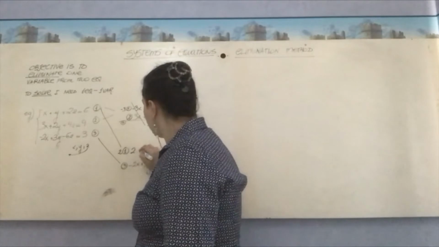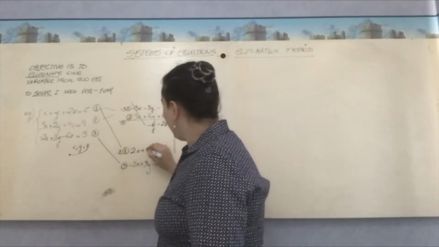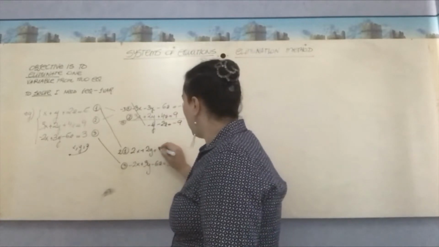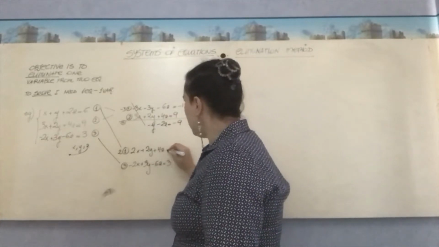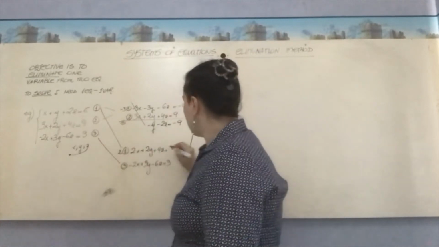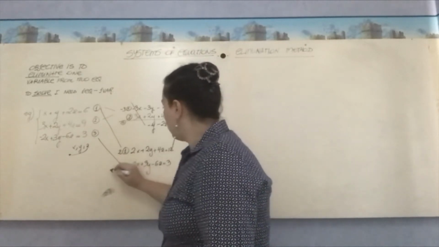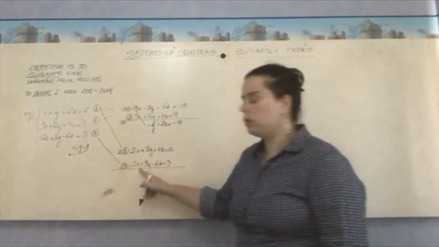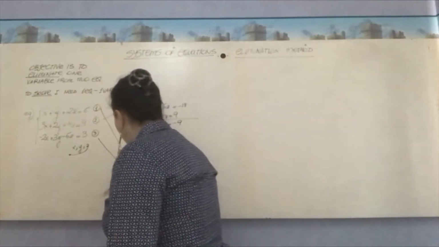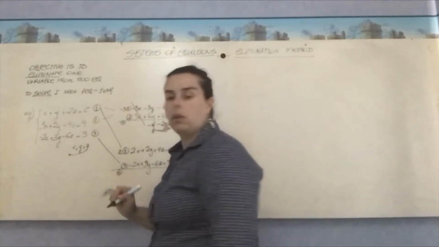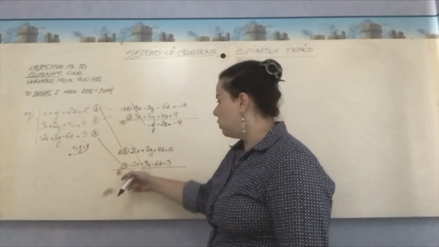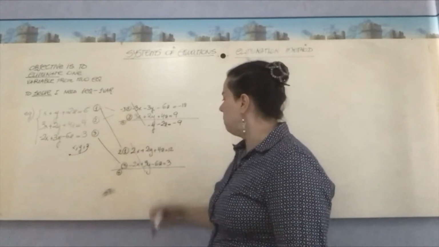So 2 times x plus 2 times y, I'm just multiplying, plus 4 times z equals 6 times 2, 12. And now again, I've got same coefficient with different sign. If I add them, they will cancel. So I begin adding. 2 minus 2 is 0, which again is good. I want to eliminate the same one.